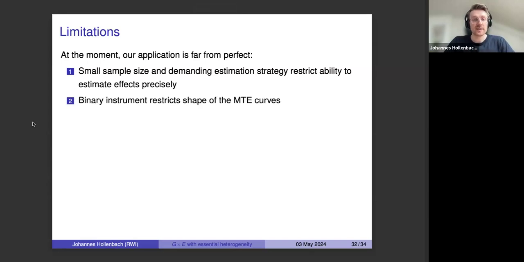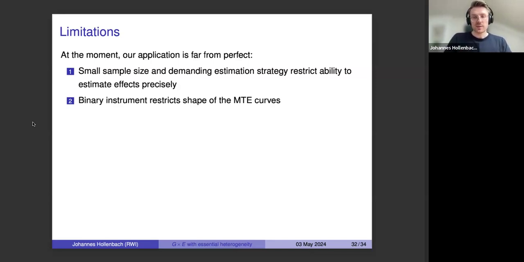Second, we have a binary instrument. If you have followed the marginal treatment effects literature in any way, you will probably have heard the notion that it is not possible to estimate marginal treatment effects with a binary instrument. That is in fact not true. It is possible to do that. It just severely restricts the flexibility of your MTEs, basically.